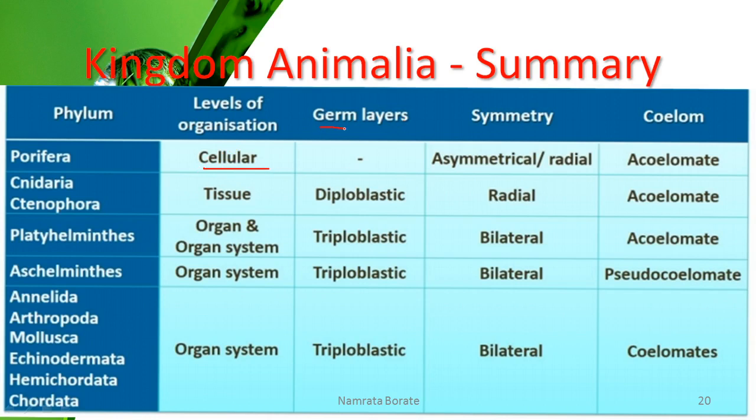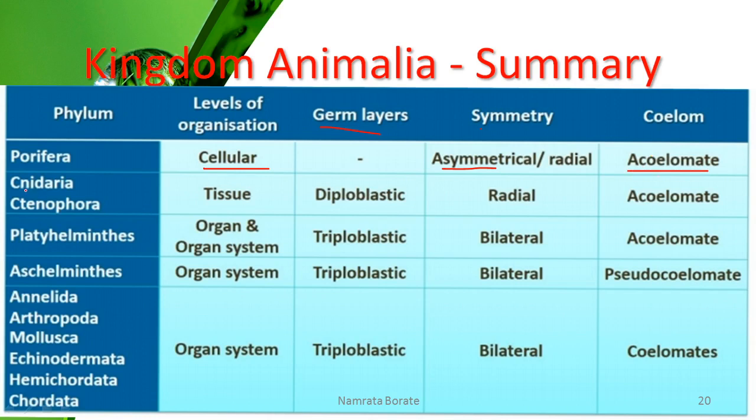There is no germ layer distinguished. The third one is symmetry. It is asymmetrical, meaning the body cannot be divided into two similar halves, or sometimes it shows radial symmetry. Coelom means there is an absence of a body cavity, so it is acoelomate.